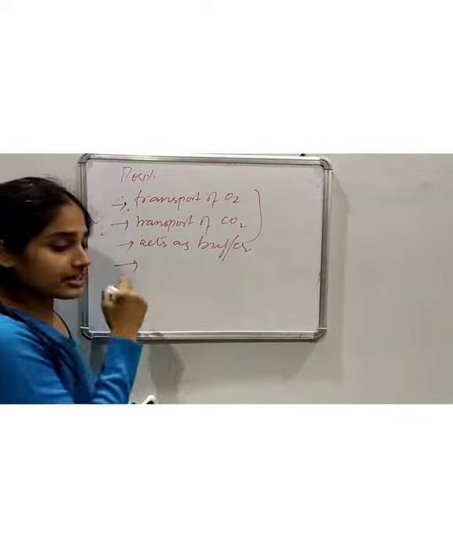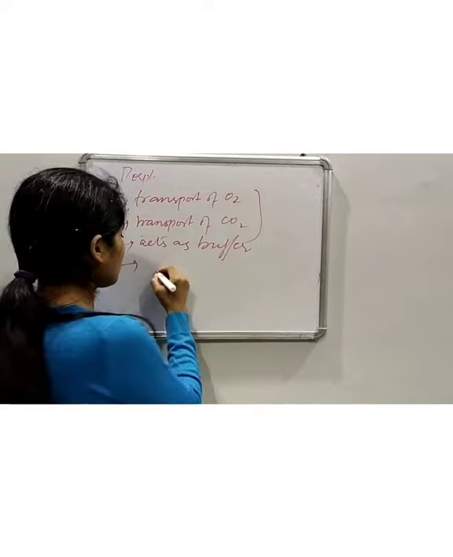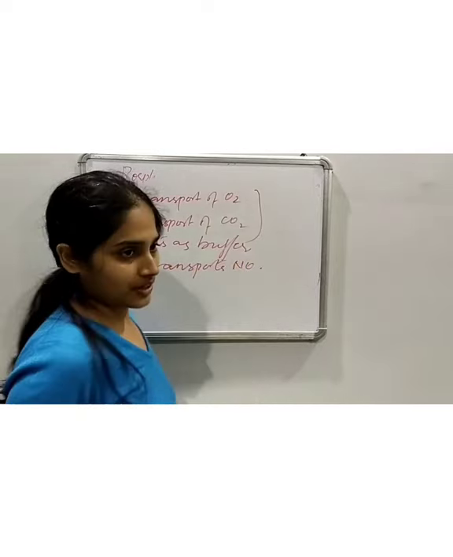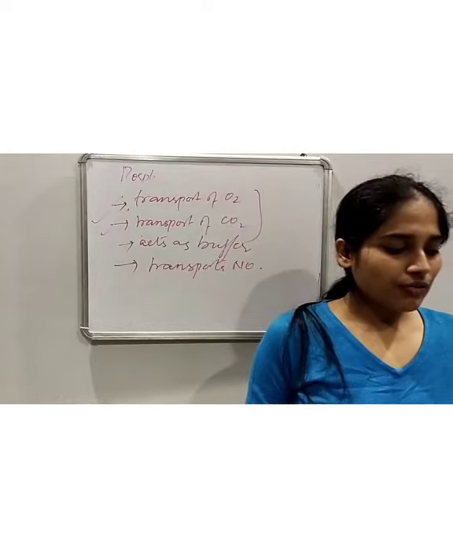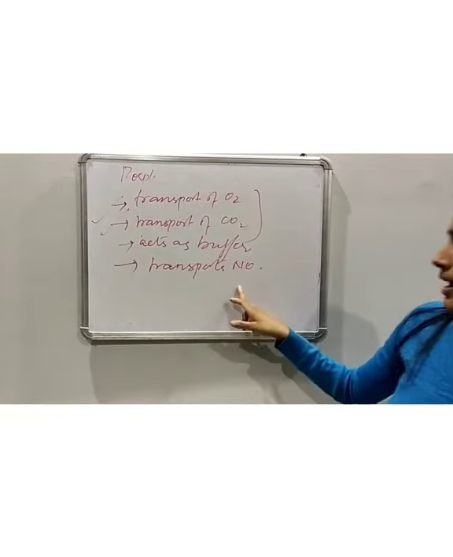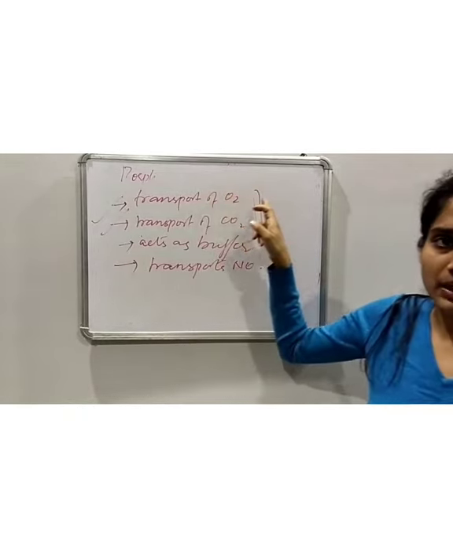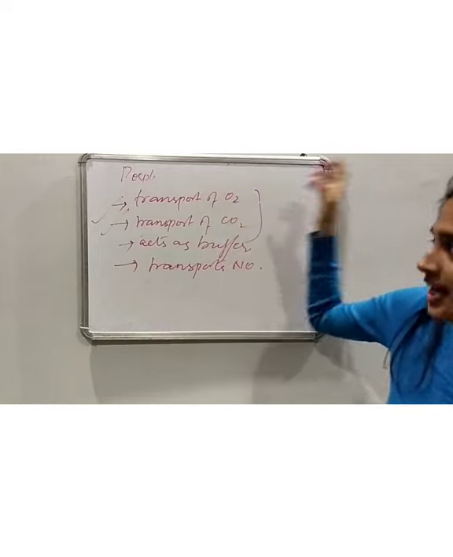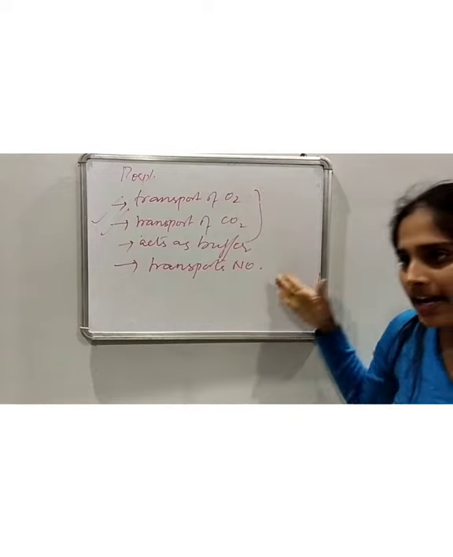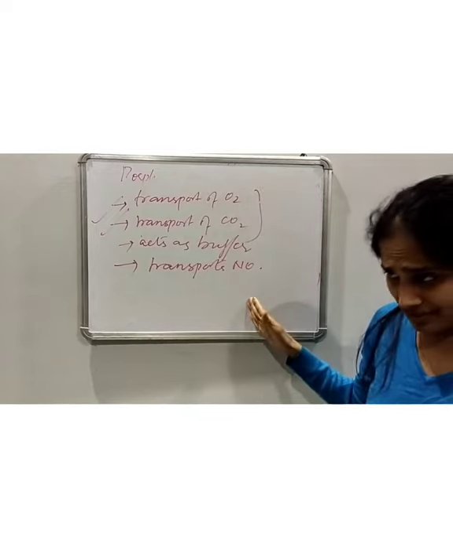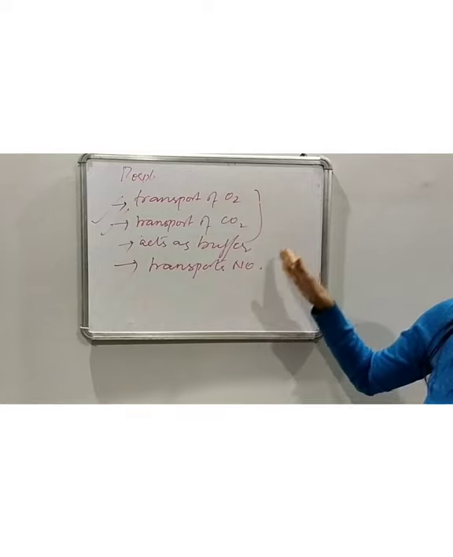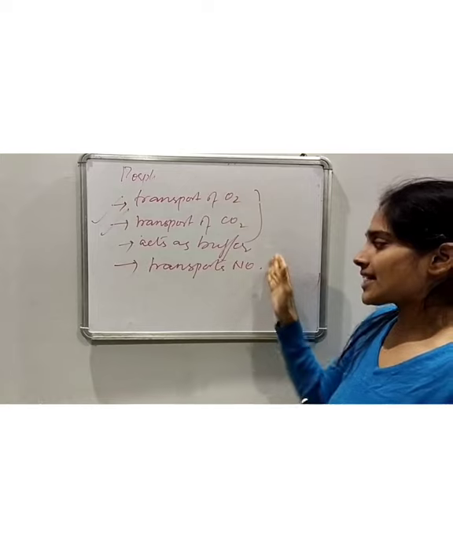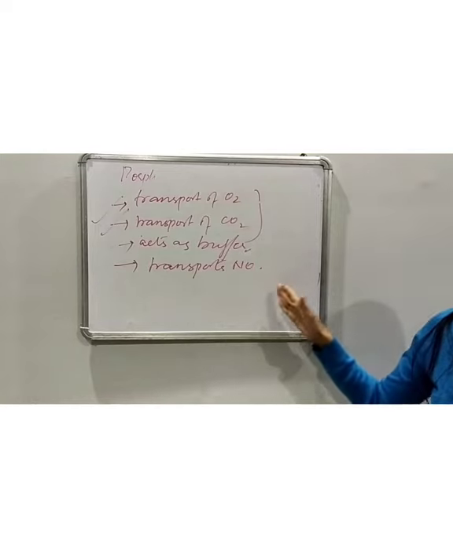And it also transports nitric oxide, NO. The oxygen binding site, which is because of the ferrous ion that binds to oxygen, also has an affinity for NO, and therefore it facilitates the transportation of nitric oxide.